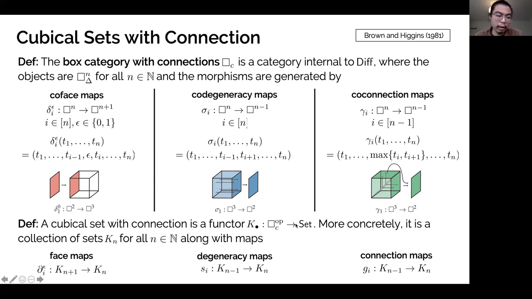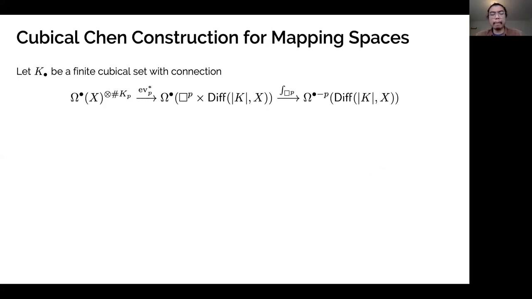And we'll get the dual of each of these structure maps. And so now we can talk about the cubical Chen construction for these mapping spaces. The basic idea is the same as what we did in the case of path spaces.